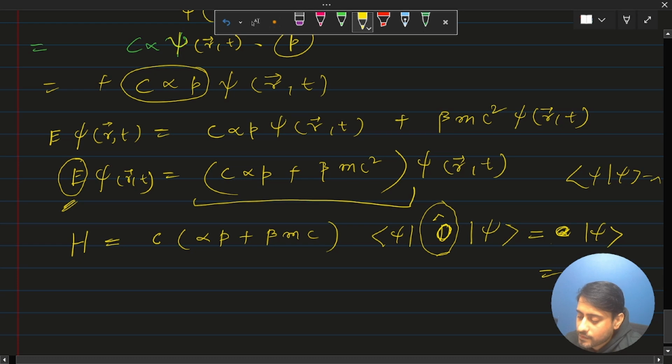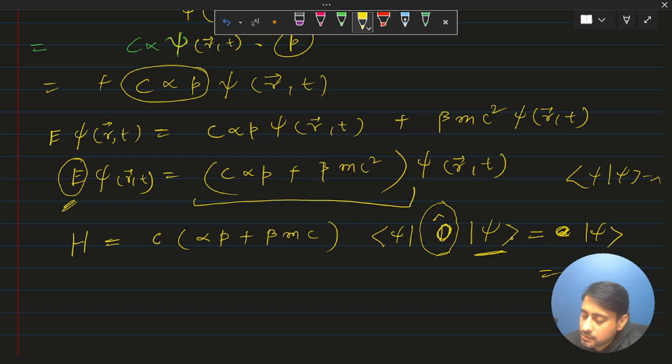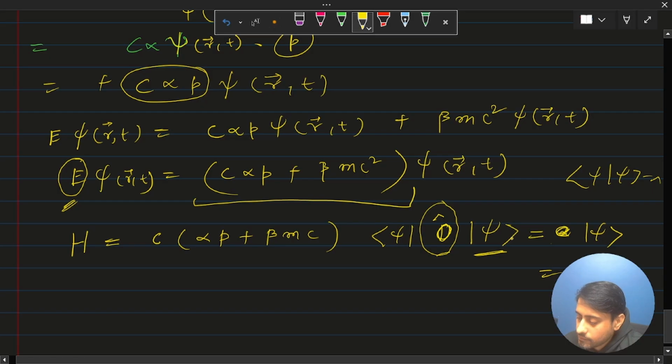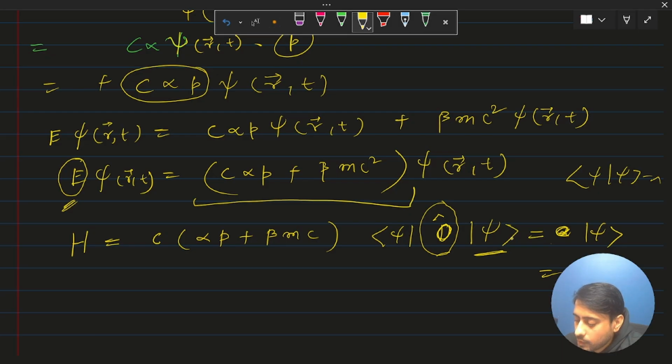So the eigenvalue should be real, like the energy has some real value. The wave function in itself can be a complex quantity, but what you finally observe, like energy, the momentum, whatever you observe, that observation is always real.